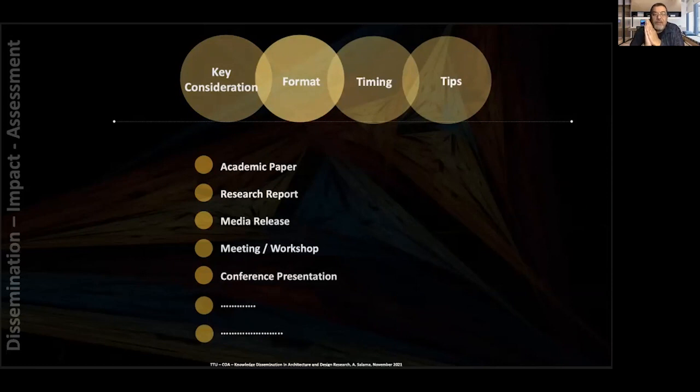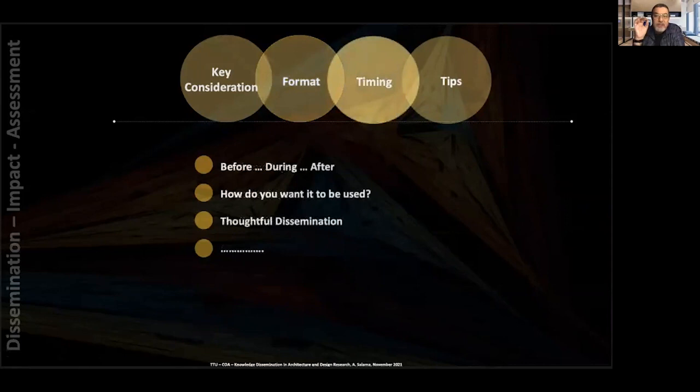They are important, but different, and speak to different audiences. So these need to be considered and might include, for example, a written academic paper, a report with an executive summary, a media release, or a discussion in a meeting or a workshop, a conference presentation. All of these are important to consider as part of the dissemination plan.